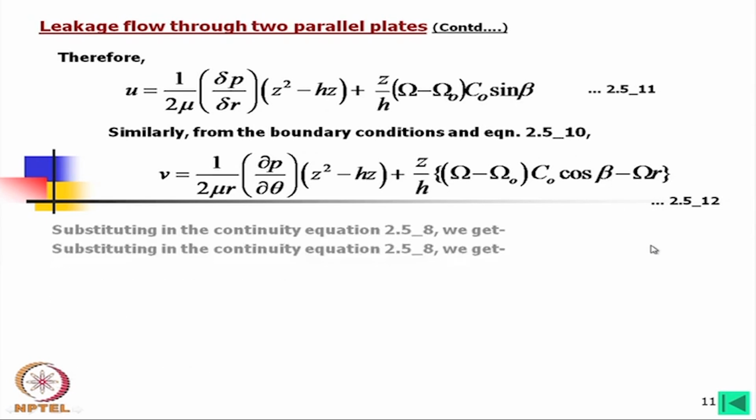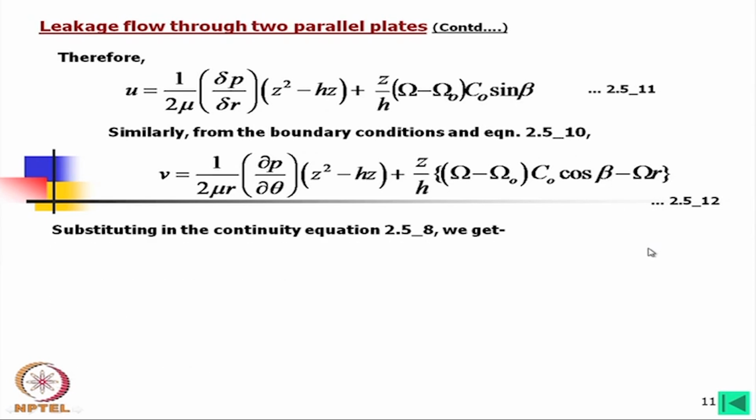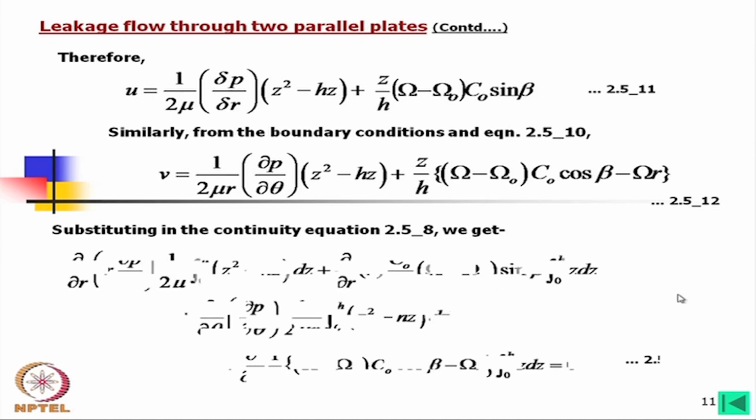Substituting in the continuity equation 2.5 minus 8, we get, now what we are doing now, we are substituting u and v in the continuity equation.